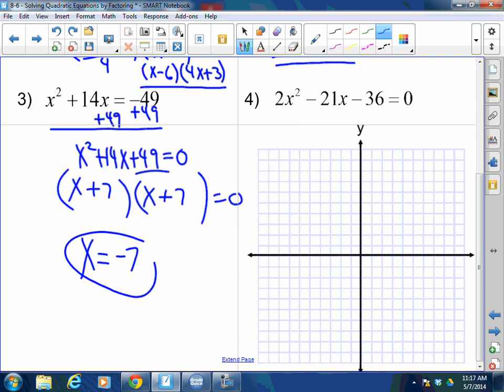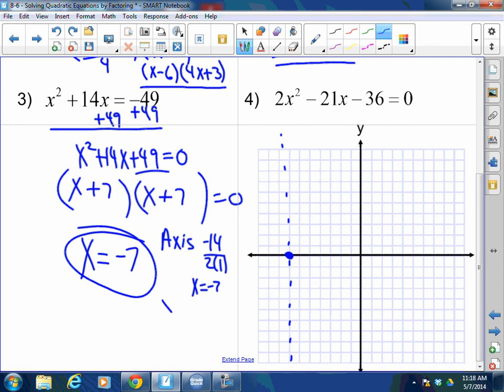We already know my x-intercept. That's negative 7. So that's right here. Okay. What is my axis of symmetry? Negative b over 2a. So x equals negative 7. Okay. My vertex, well, when x is negative 7, we already know it's going to be 0 because it's already here.